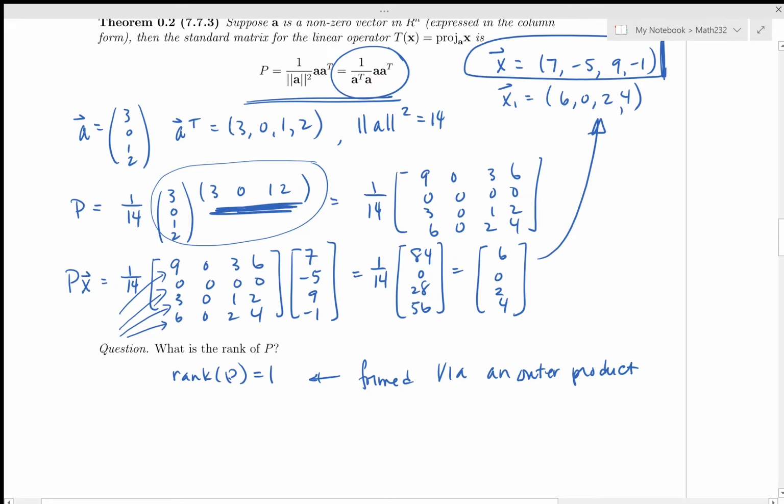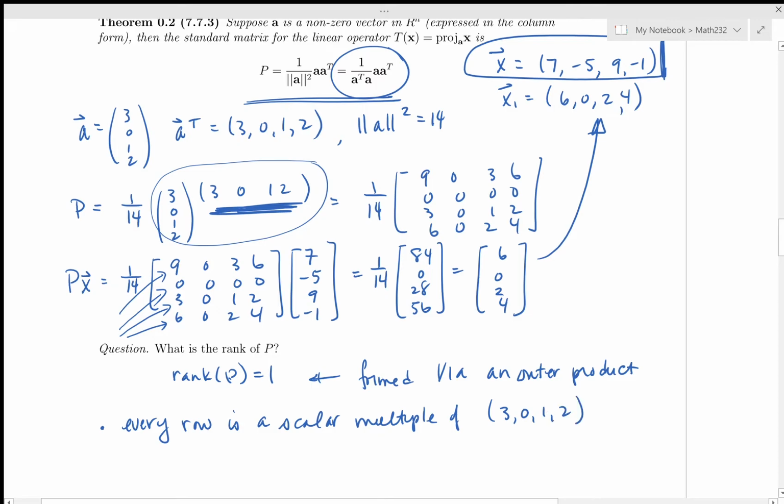So there is only one linearly independent vector here, since every row is a scalar multiple. This is another way of seeing that it's a rank 1 matrix. That is, every row is a scalar multiple of 3, 0, 1, 2.